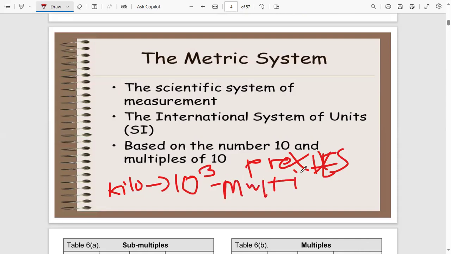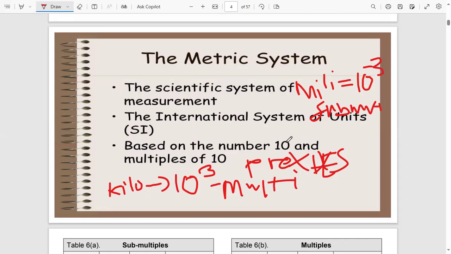If, for example, I have milli, it is associated with 10 to the power minus 3. Because this power is negative, we call milli a sub-multiple. I hope that is clear.